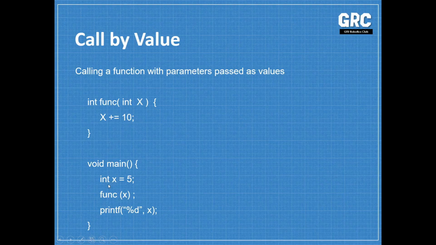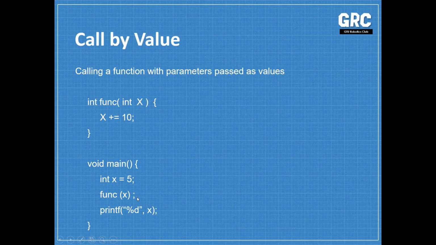Inside the main we have a small x variable which we assign equal to 5, and we call the function and pass the value of x. Now when we print the value of x, what do you think the answer should be?